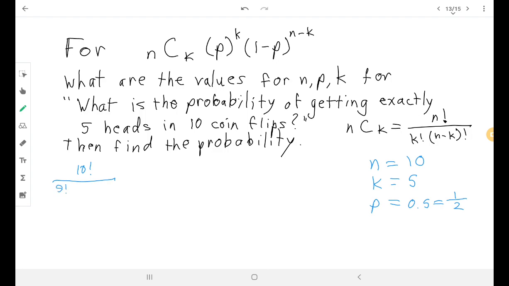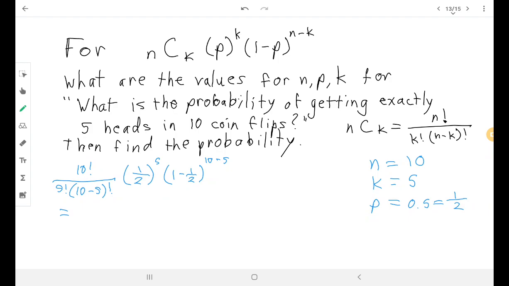And then K factorial, that's 5 factorial, and N minus K is 10 minus 5 factorial, times P, which is 1/2, raised to the K power, the 5th, times 1 minus 1/2, raised to the N minus K power. So there's all my numbers that I need.